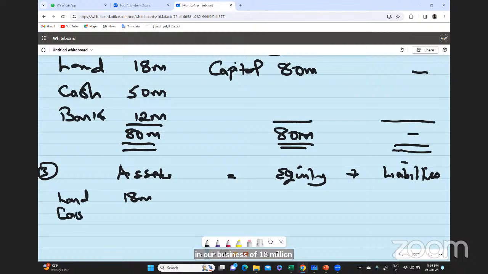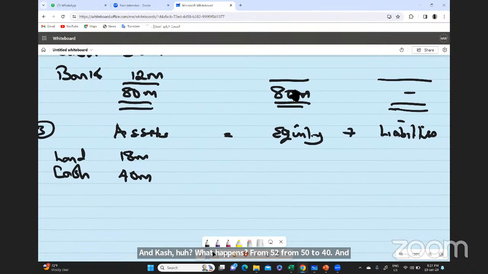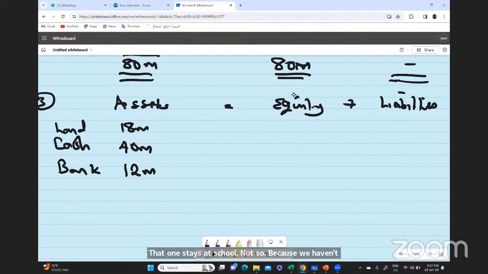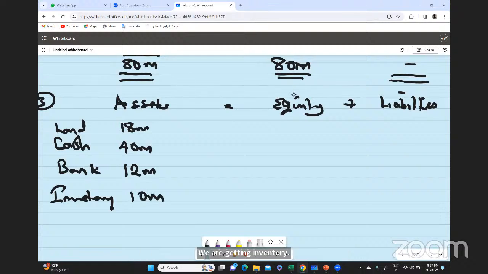And cash, from 50 to 40. And then our money in the bank stays at 12, because we haven't tampered with it. And then we are getting inventory of 10 million.